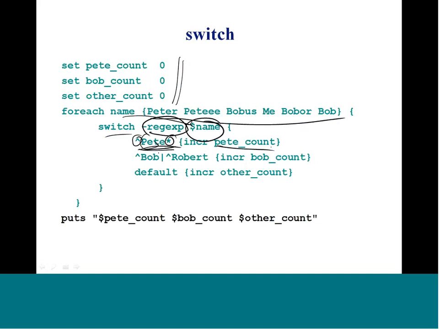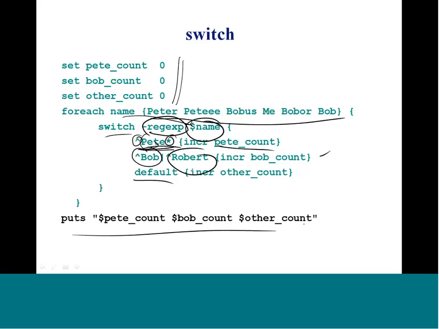And then if it matches Bob or Robert, then we'll increment the Bob count, and then the default is to increment the other count. So now can you tell me what this program will generate as the counts?